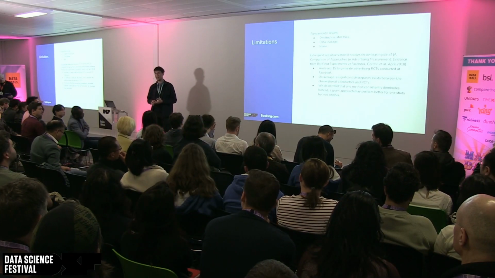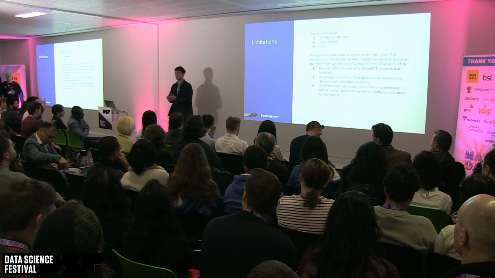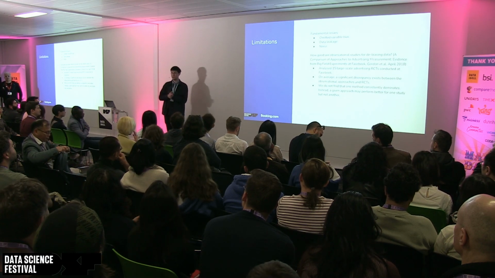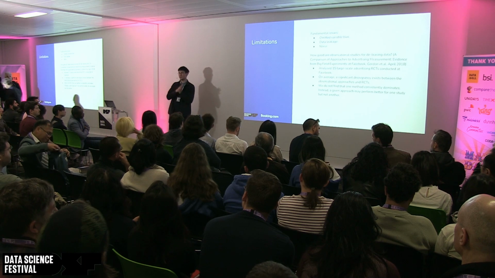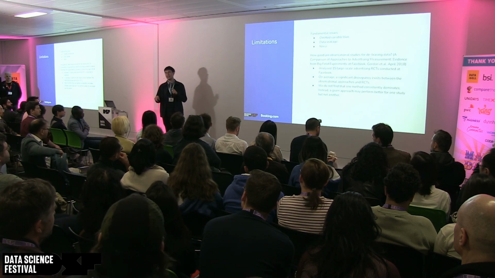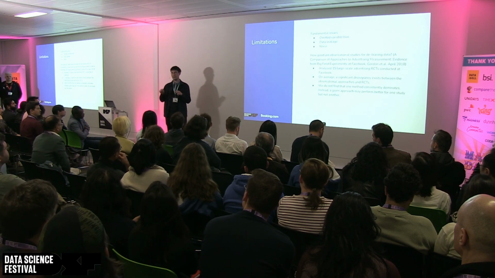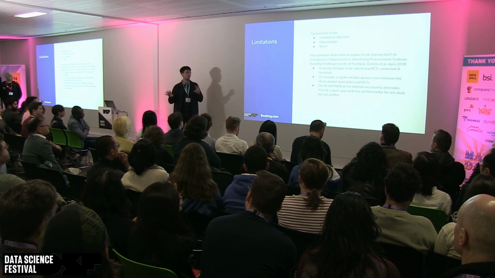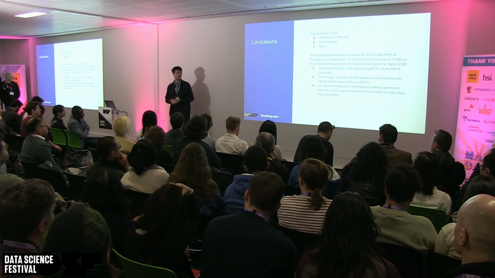So yes, we have used other causal inference methods as well, but I just chose those two for this showcase because I thought they're quite simple, quite understandable, and they show two different angles of how we can debias the data.